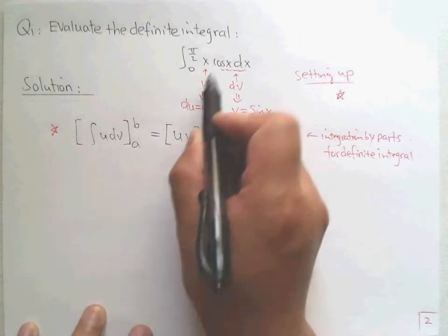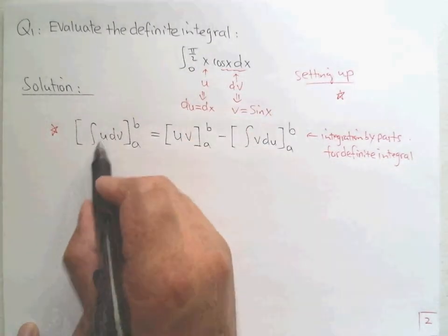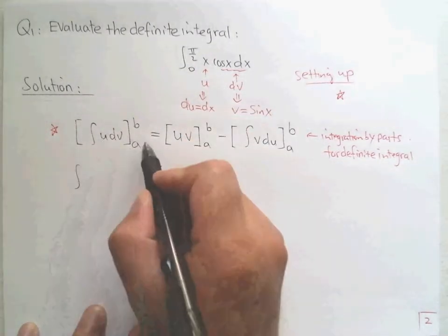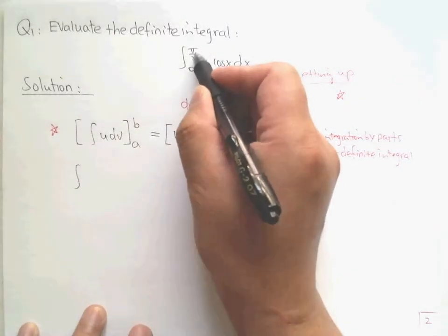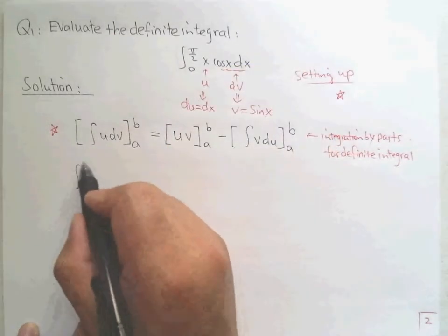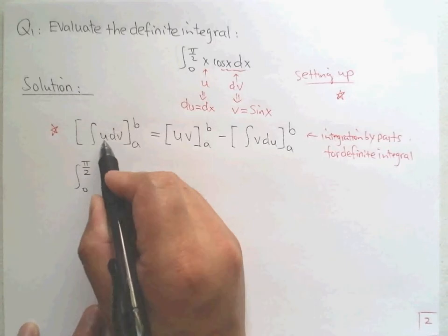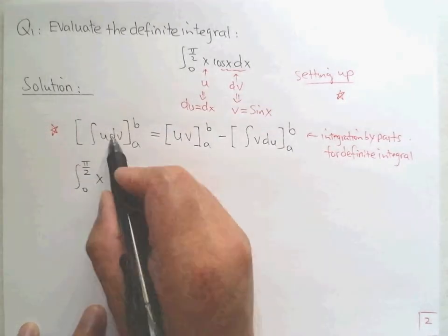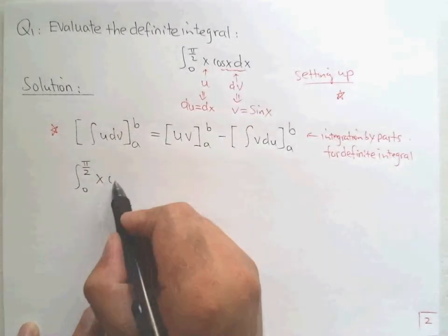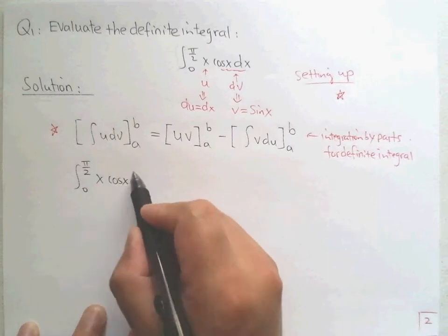So here should be the first. You're going to integrate, a is 0, b is pi over 2, so it's 0 to pi over 2. u is x, so that's x. dv is that, so it's exactly the same, right?